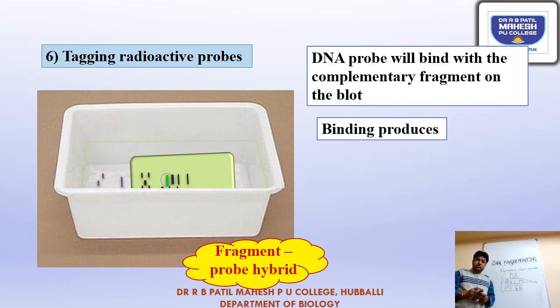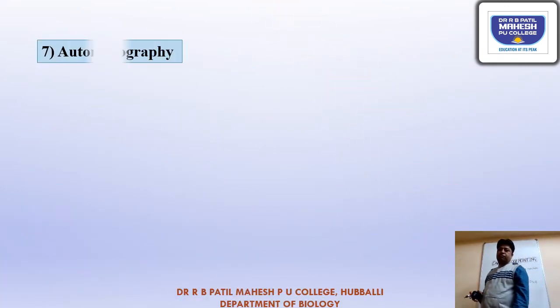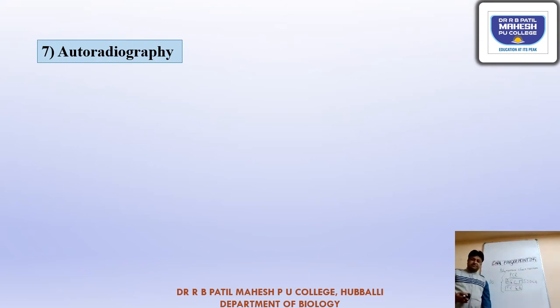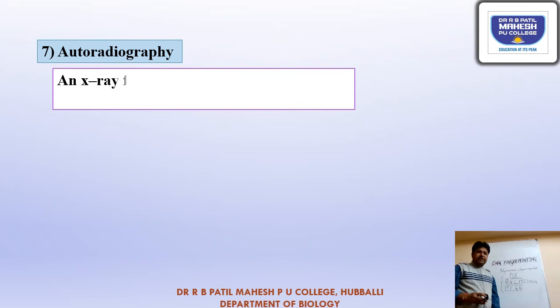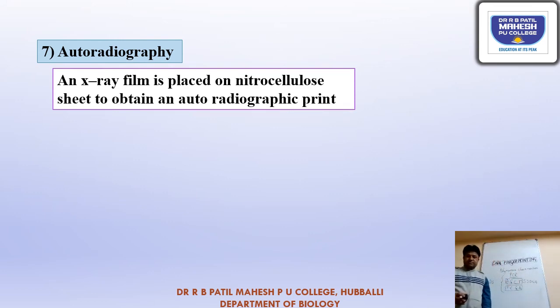Is that clear? So after tagging with the radioactive probes, we go for autoradiography. So what is autoradiography? Such DNA fragments are placed on an X-ray film, or X-ray film is placed on a nitrocellulose sheet to obtain an autoradiographic print.